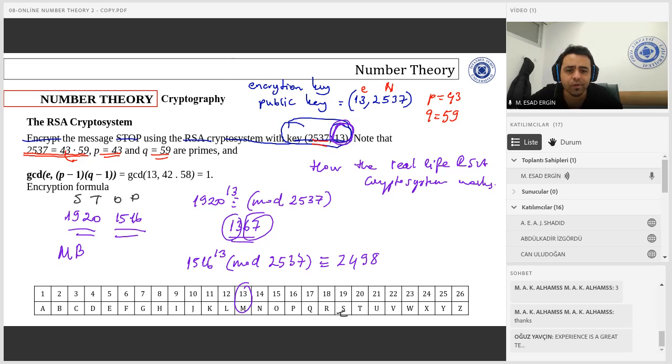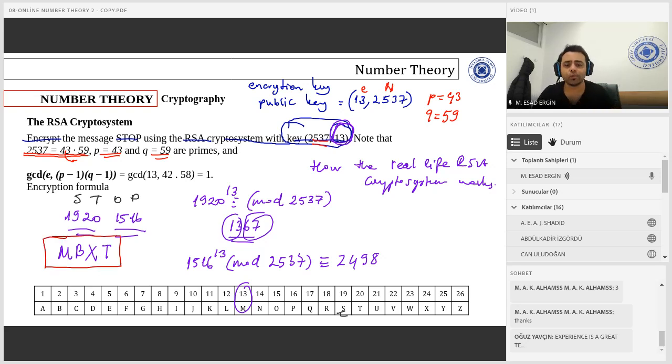For example, 24. 24 is x. And what is 98? 98 modulo 26 is 20, so the 20 is t. This is the ciphered text in the RSA algorithm.